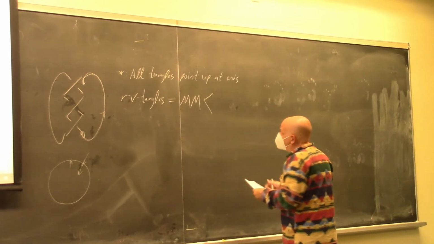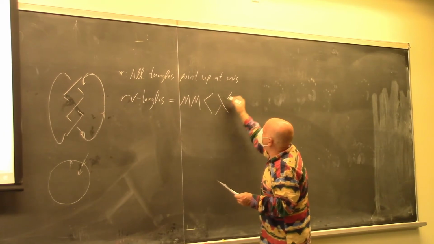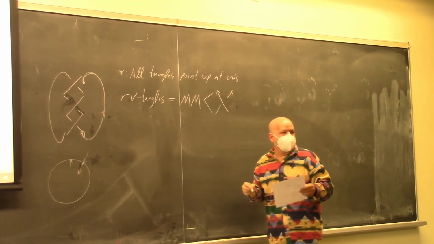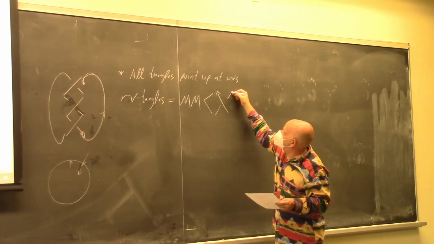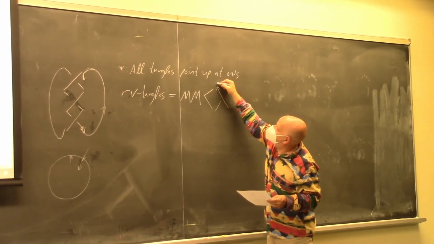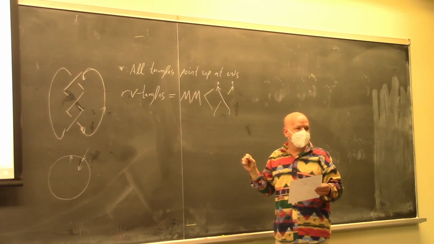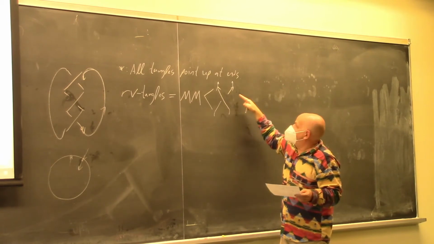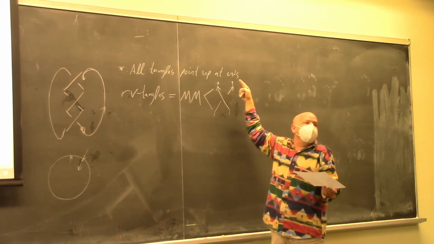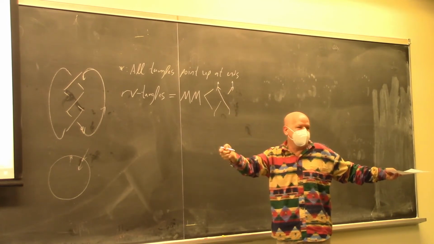So it's the metamonoid generated by an overcrossing. Strictly speaking, everything should be pointing up, so I should be writing it like this. Everything is vertical at the ends. But I'll allow myself to be loose, and if something is near vertical, you will know how to connect it to the vertical.